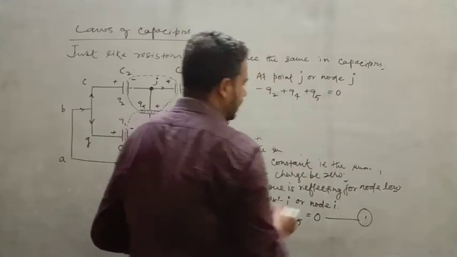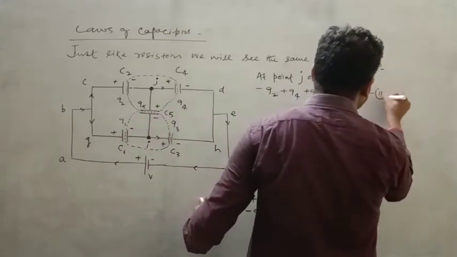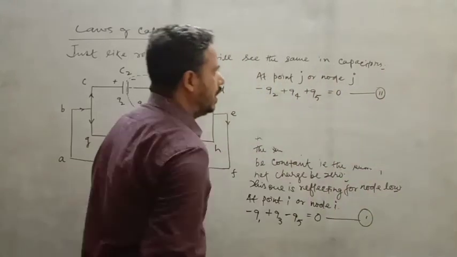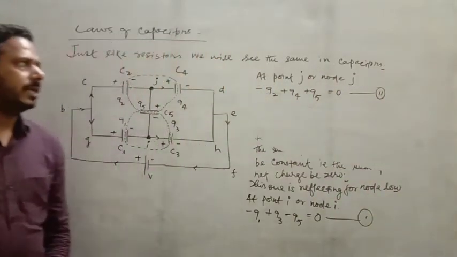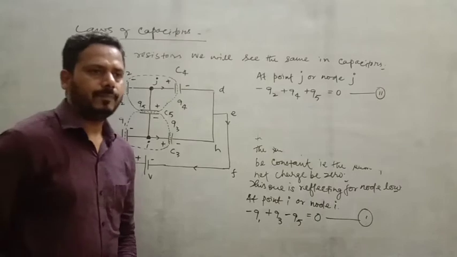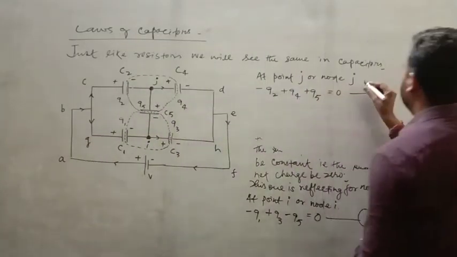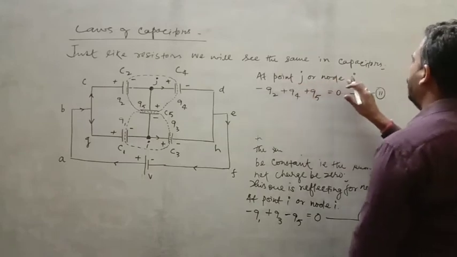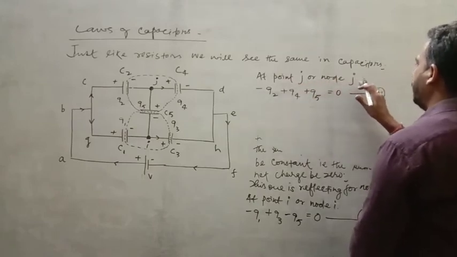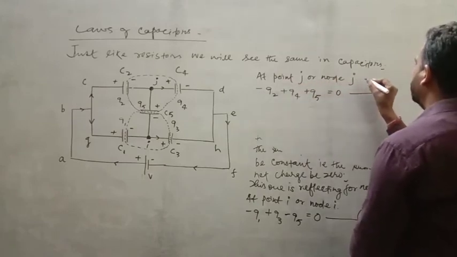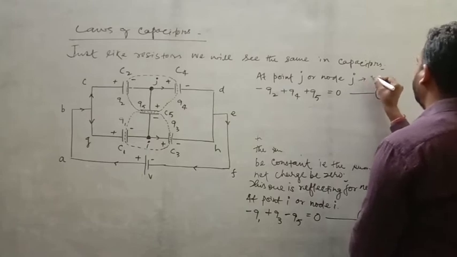This one is your next equation. So these two equations came from the node law, that is, the first law. This one is just like the first law.